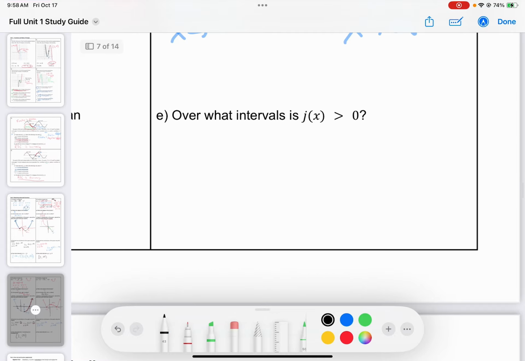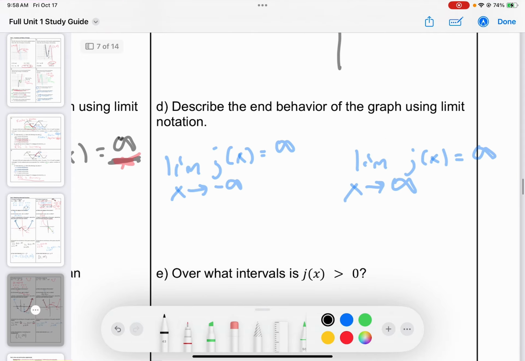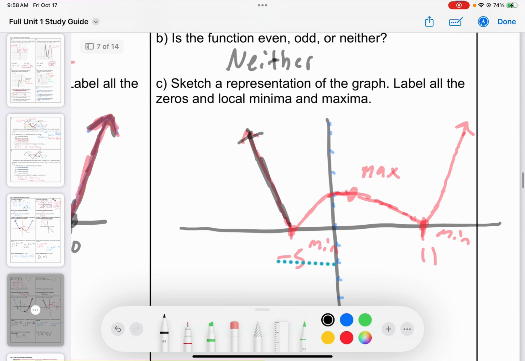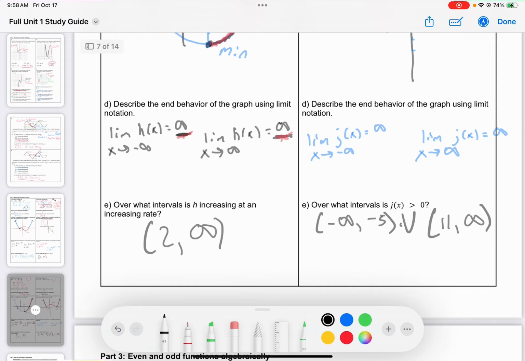Well, real quickly, that's from here to here. So from negative infinity to -5, I'm using a parenthesis because there's no greater than or equal to sign. And from 11 to positive infinity, again, parentheses because no equal sign. And we're done with part 2.